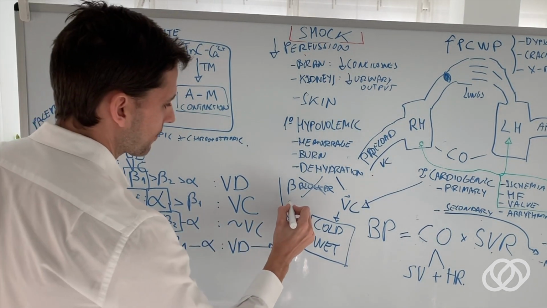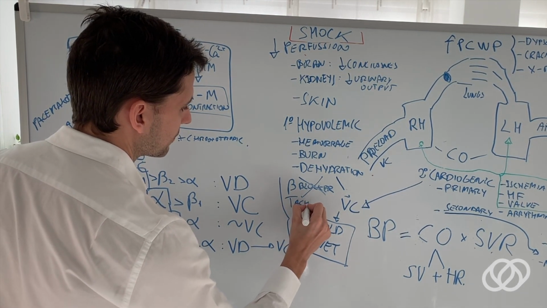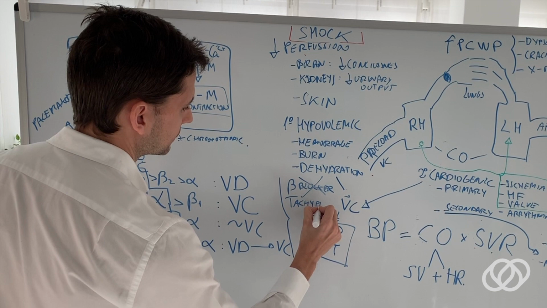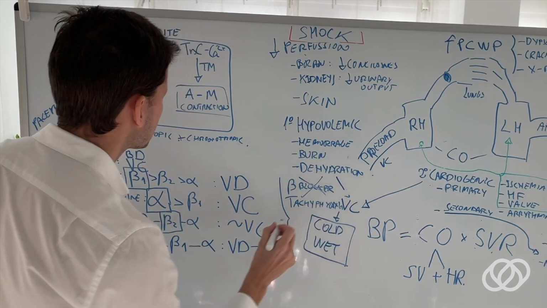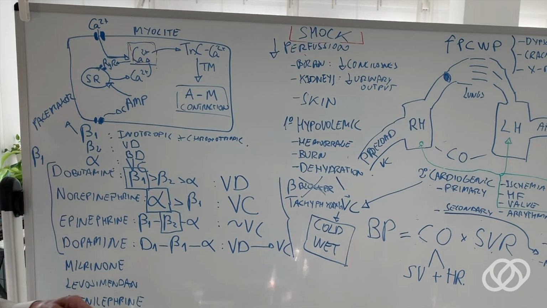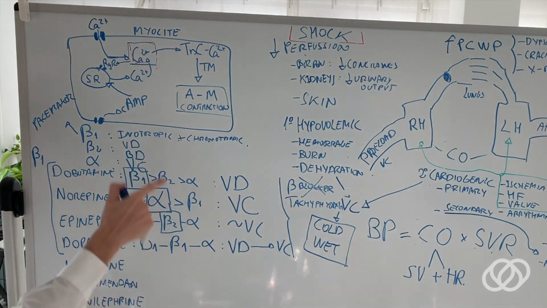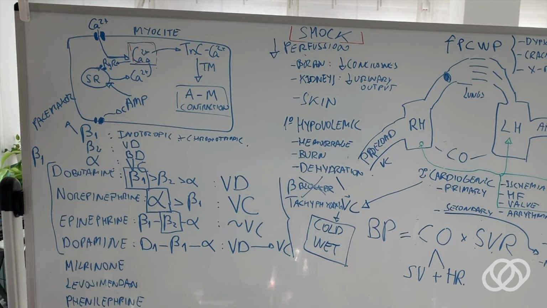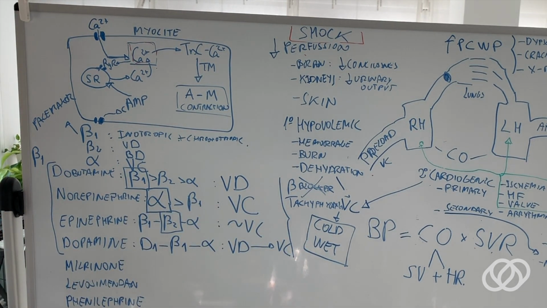And the second one is what is called tachyphylaxia. Tachyphylaxia means that if we stimulate this receptor for so long, they lose the effect. So if we keep a patient for a certain time using those kind of drugs, in the end they will lose effect after a certain period of time.